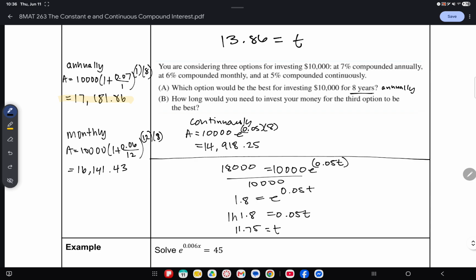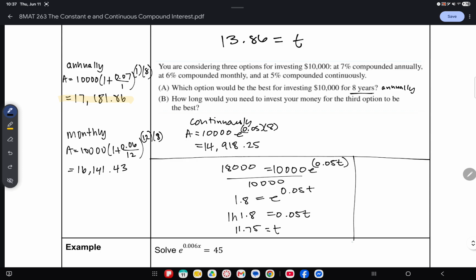But I feel like if I plug 11.75 into the annual formula, right, so 10,000 times 1 plus 0.07 raised to the 11, I could even do 11.75. I'm going to get 22,000. So I'm still going to get larger than that.